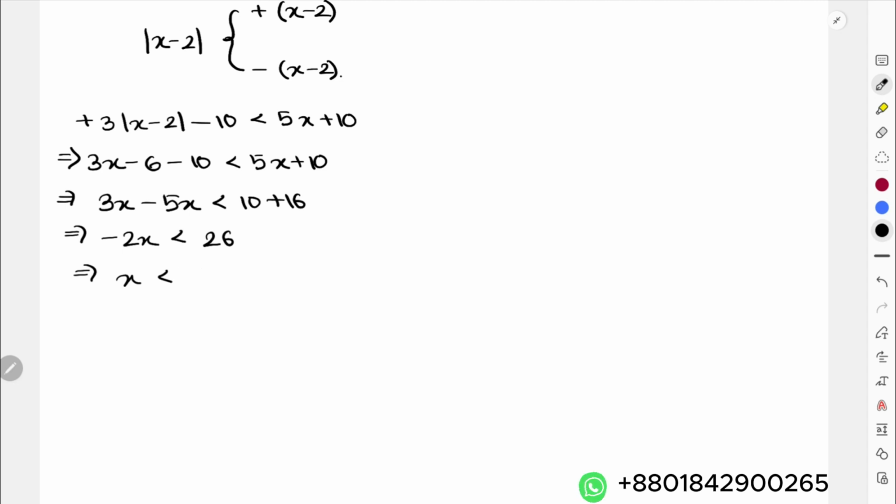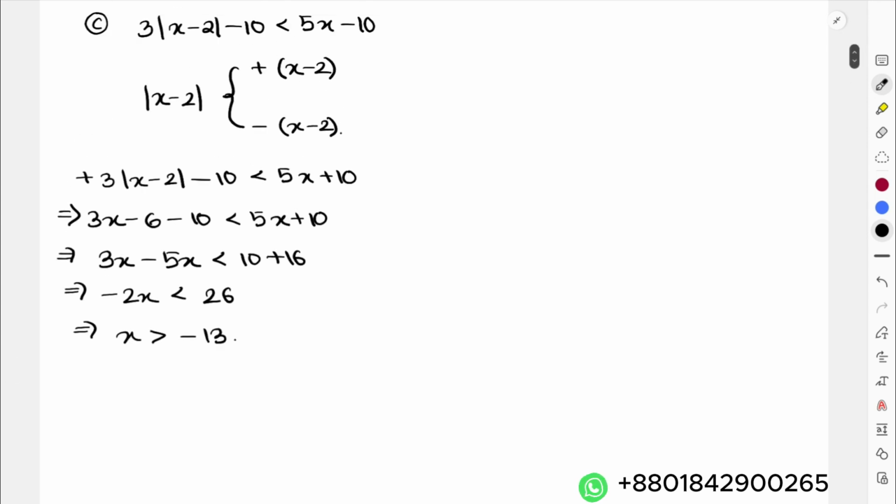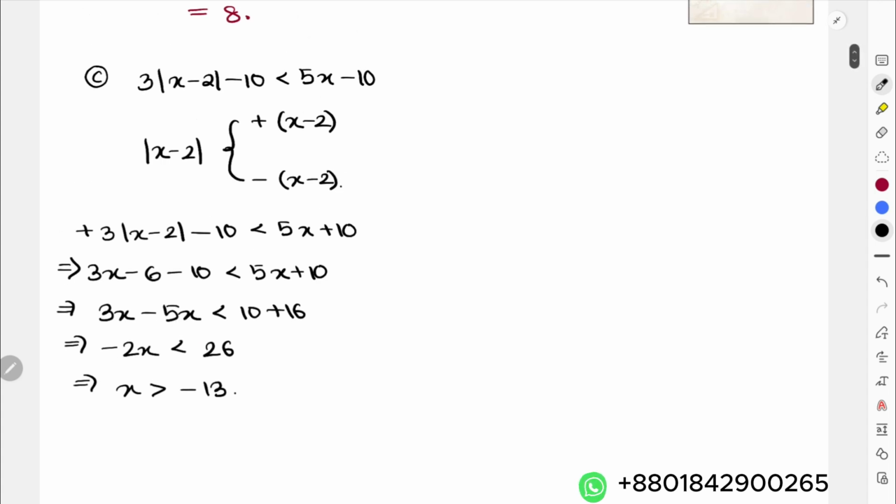Sorry, I think, yeah, in that case what happens? This will eventually become greater than minus 13, right? Because your inequality has now changed. Okay, so we got one value here, x greater than minus 13, right? Am I making any mistake? One minute. Minus 6, minus 10, minus 16, plus 16, and this is minus 2, so you're getting minus 13. Okay, this is one value.